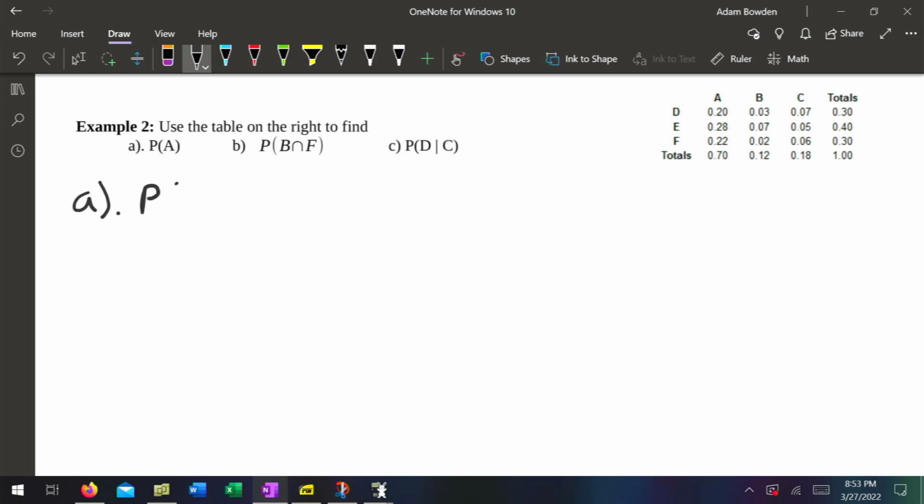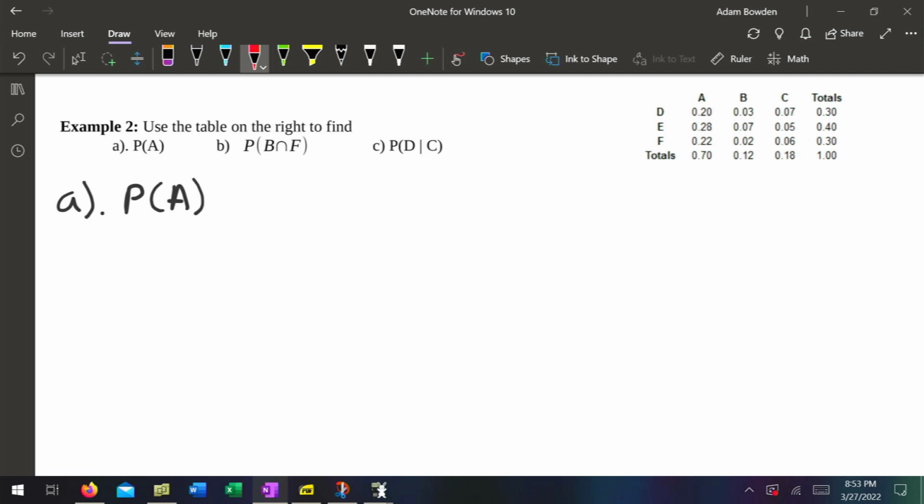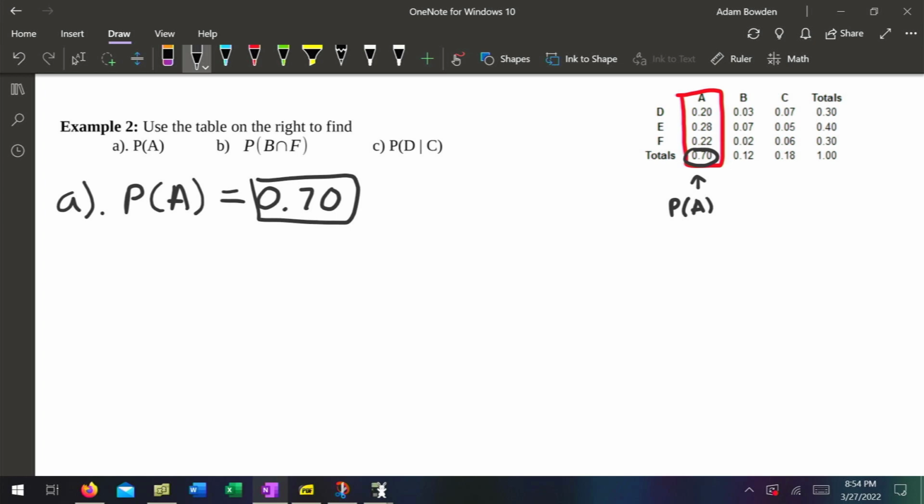Now, starting off with the probability of A. The probability of A is the column. Notice we have the column for A here. So the probability of A would result from just putting together all those probabilities to the total here. So that would be 0.70, since A contains all the other events for D, E, and F added together.